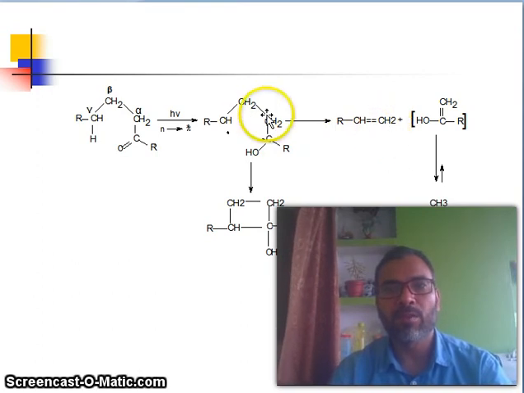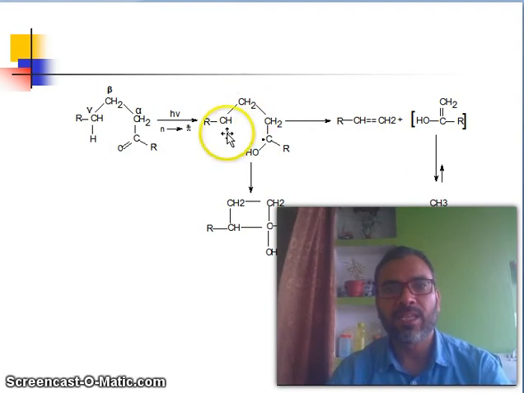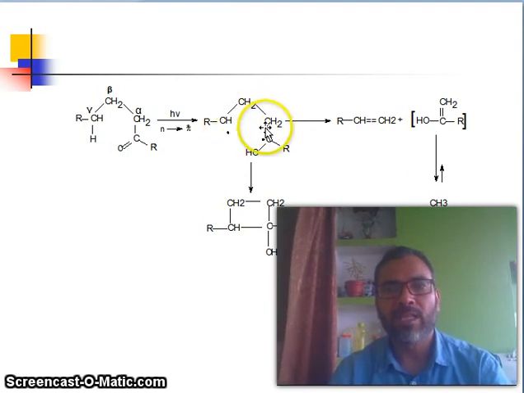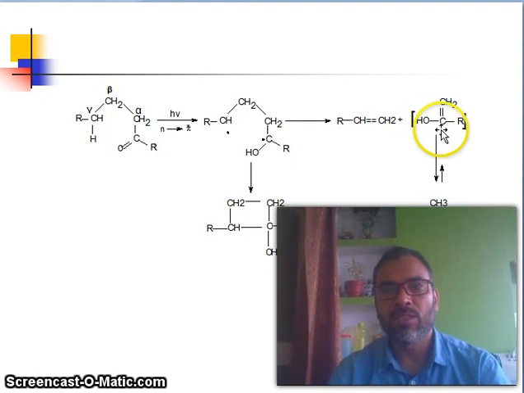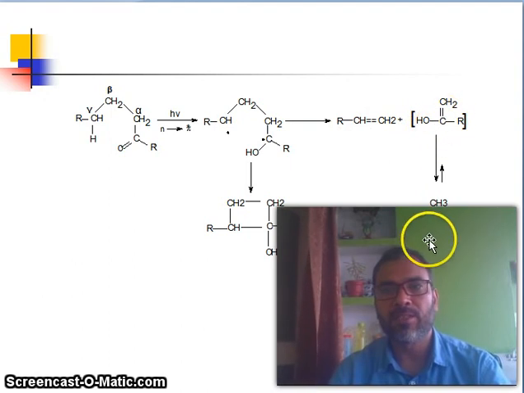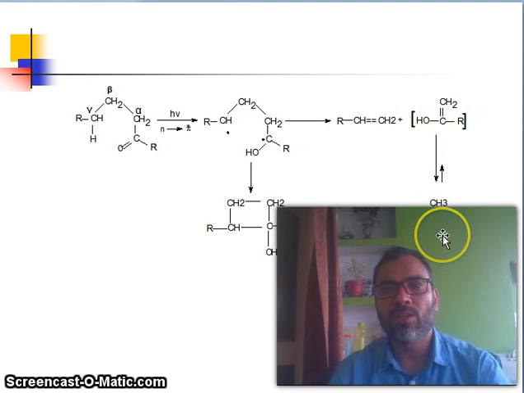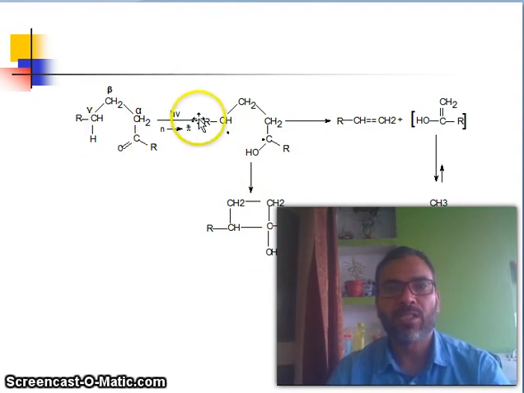Here this bond will break, this radical and this radical, forming a double bond, and then the remaining radical forms these double bonds. Now this shifts to here, you see, ketone, so keto-enol, and if it is combined here, then a cyclic product. So this is the Norrish type 2 reaction.